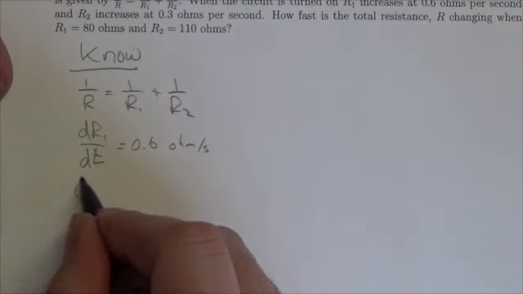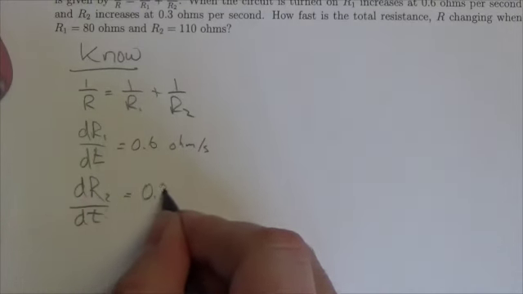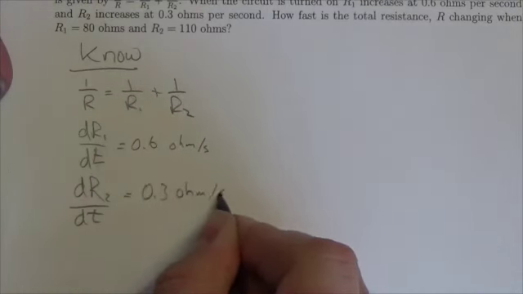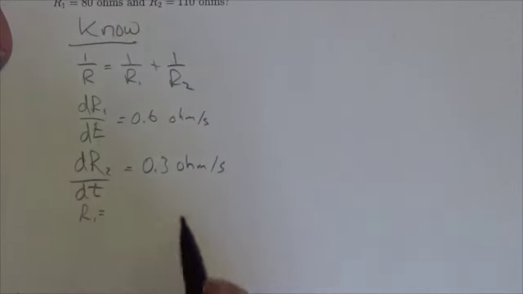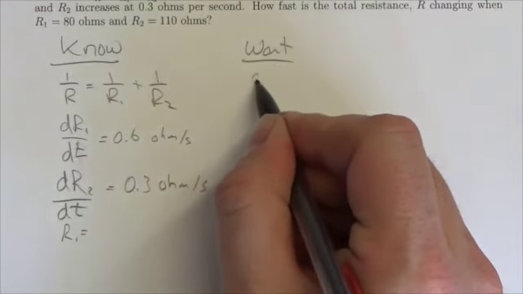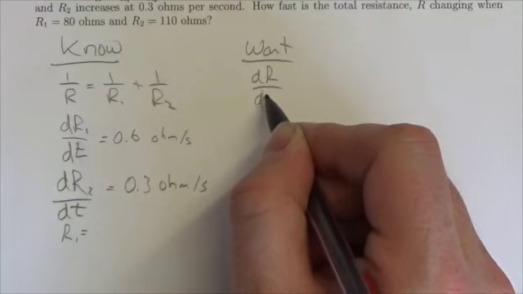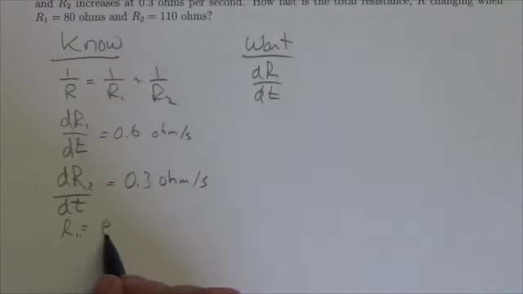We know dR2 by dt is going to equal 0.3 ohms per second. And what we're interested in is how fast, in other words, what we want is dR by dt, the overall resistance, at the moment that R1 is 80 ohms and R2 is equal to 110 ohms.